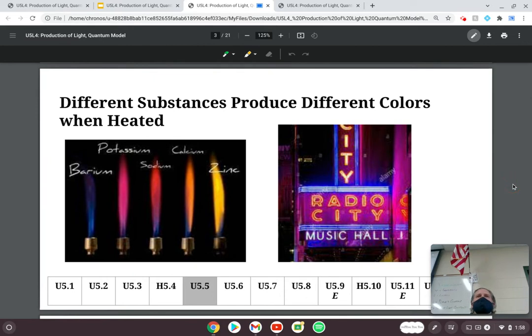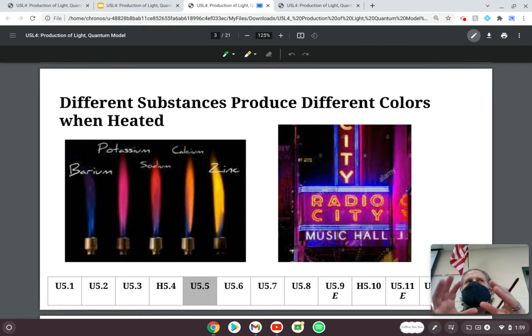Here are some things that we do know for sure. We know that if you heat certain substances, they will start to glow. And when they glow, they will give off specific colors. You may have witnessed this in the summer when you look at the fireworks during the 4th of July.